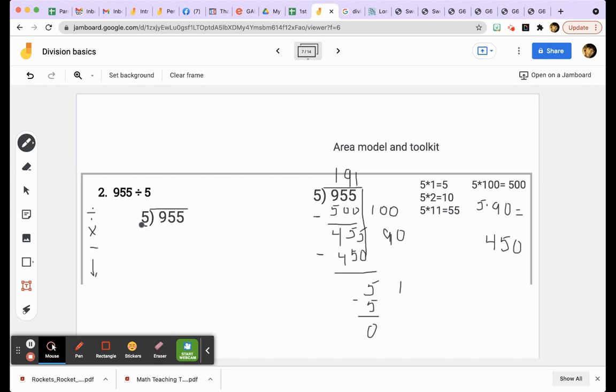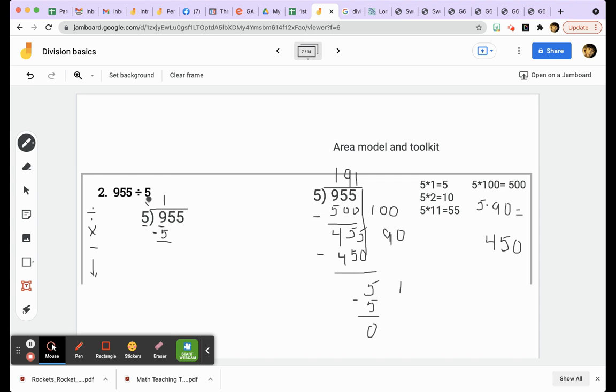I have one number in my divisor, so I'm going to look at my dividend, and 5 will go into 9. 5 goes into 9 one time. 1 times 5 is 5. Subtract 9.